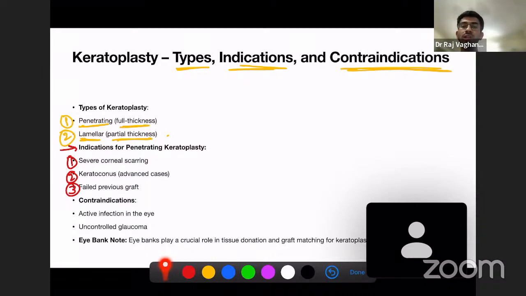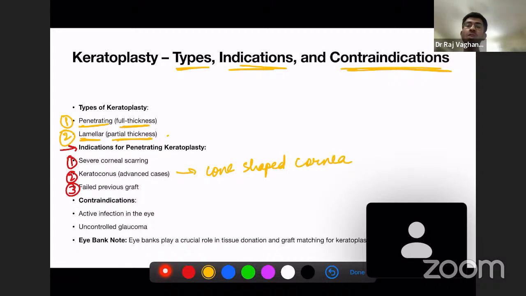Keratoconus means cone-shaped cornea, a disease we are going to discuss in our next or next-to-next class. It is also an indication for penetrating keratoplasty, and a failed previous graft can also lead to penetrating keratoplasty.